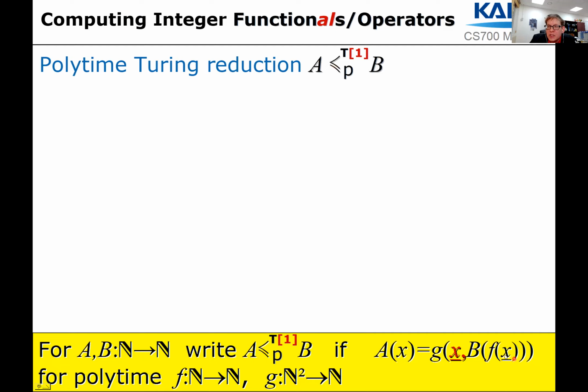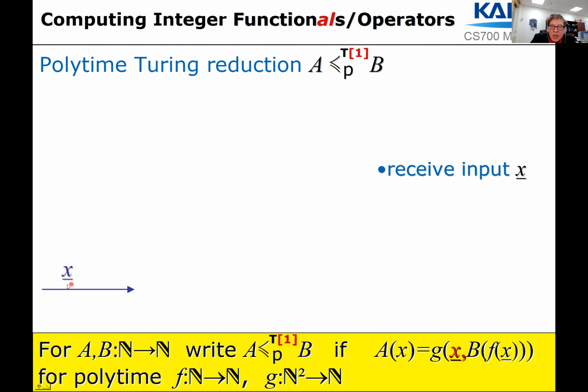F is the initial translation of the argument, which is then presented to B, and the return value of B can in turn be transformed using the function G. And for polynomial time reduction, these functions must be polynomial time computable. And here's the associated picture.